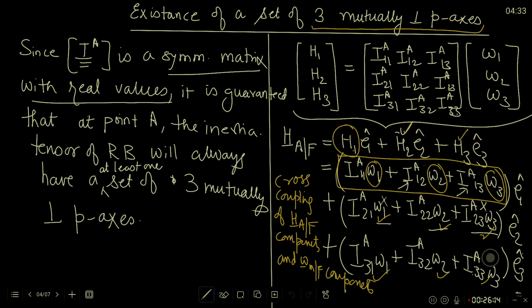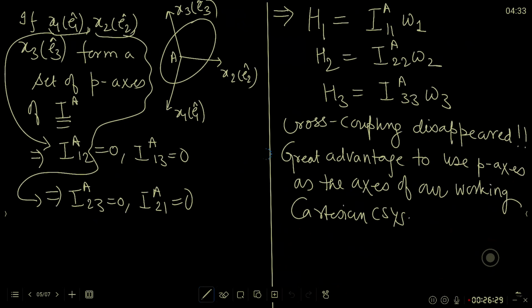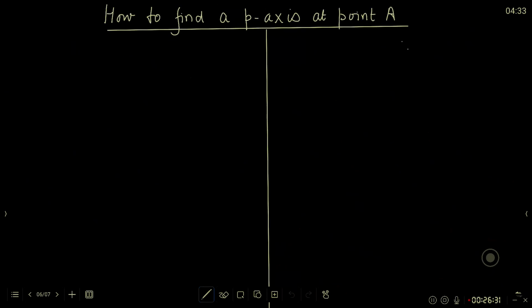And since we have seen the advantage of knowing these principal axes, the next curiosity that we raise is, how do we identify those principal axes of inertia at a point? It has great advantage, and we also know it always exists. So the next question is how to find principal axes at a point A.